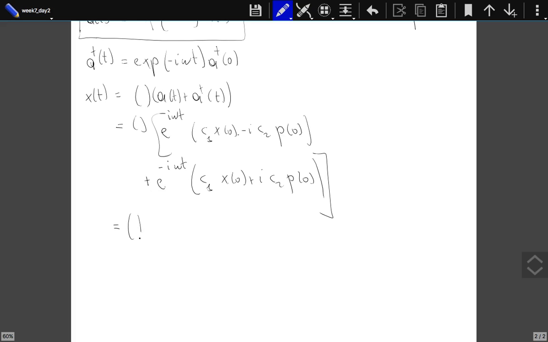And this is equal to some proportionality constant times x0 times C1 times twice cosine omega t, minus C2 times P0 times twice sine omega t. Well, if you put in the proportionality constants C1 and C2, you will see that this is exactly the result that we had derived before.